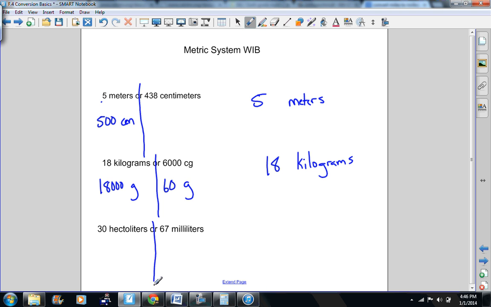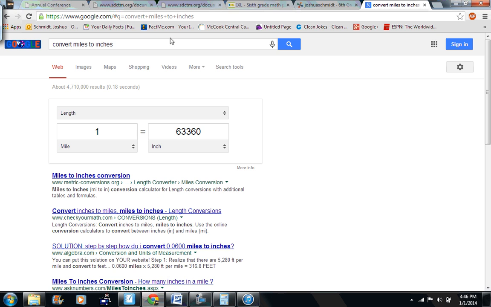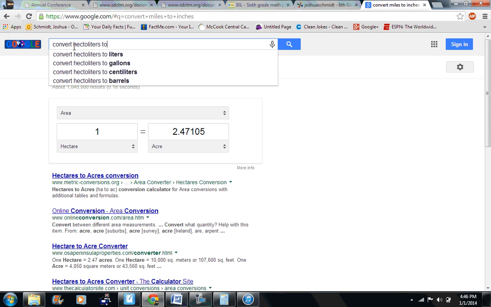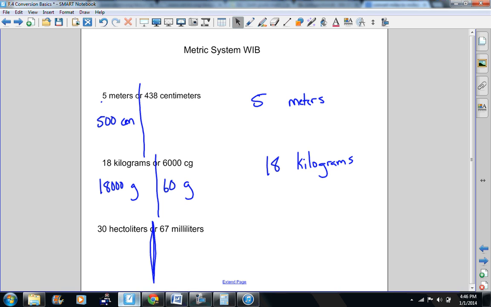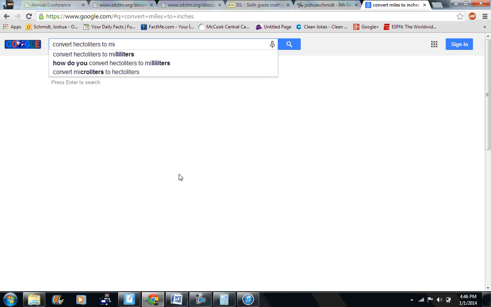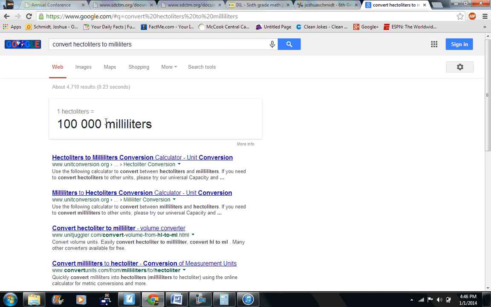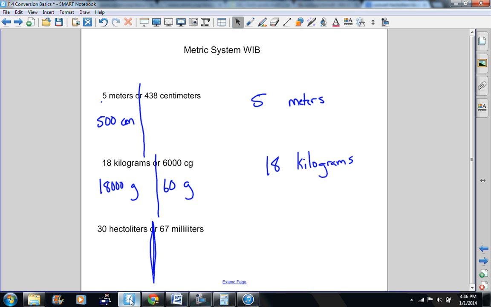That's where it gets a little tricky because I don't know what a hectoliter is. So I'm going to just use Google for this one. So I'm going to convert hectoliters to, is it milliliters? Yep, milliliters. Right there. Which is 1 hectoliter is 100,000 milliliters.